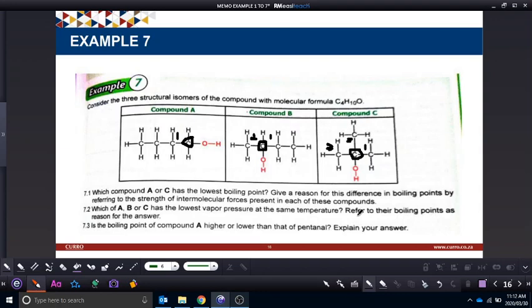A has hydrogen bonds, pentanol has dipole-dipole forces, so the dipole-dipole is weaker than the hydrogen bonds, meaning the hydrogen bonds need more energy to overcome the intermolecular forces than the dipole-dipole forces, and then we will have that A has a higher boiling point than the pentanol.